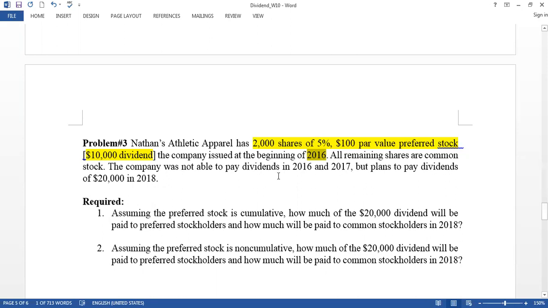Anyway, company said that the remaining shares are common stock. And the company was not able to pay dividend in 2016 and 2017. So these 2 years, company did not pay any dividend. Same question as question 2. Question 2 and question 3 are similar, but I change only here.